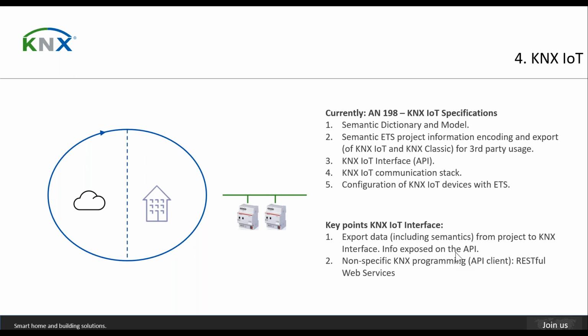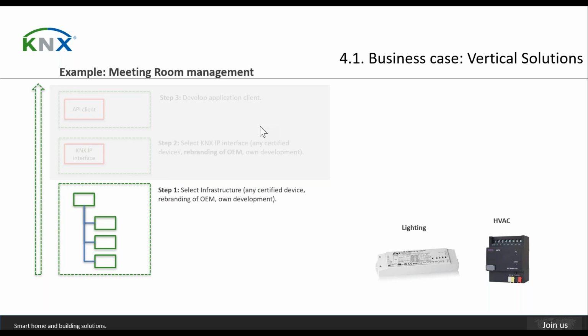So this is the first step towards the KNX IoT specifications, and KNX members receive all this information, and as soon as they become approved standard, they can produce this KNX IoT interface. One example from the business case point of view that is enabled with the KNX IoT specifications is vertical solutions.